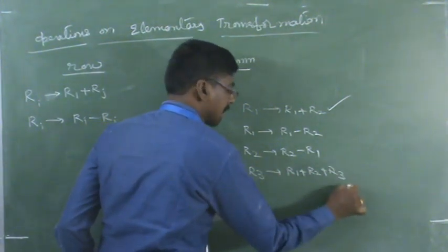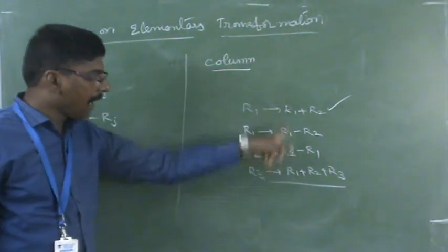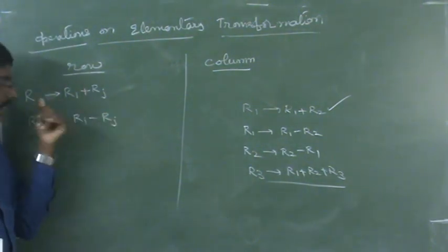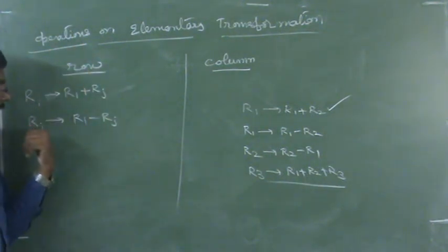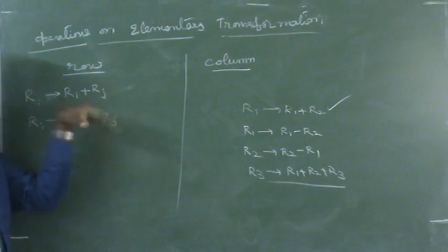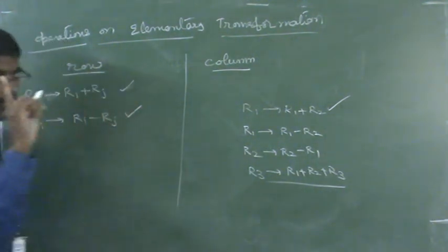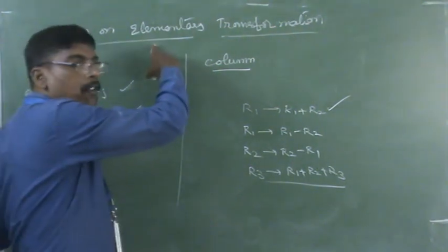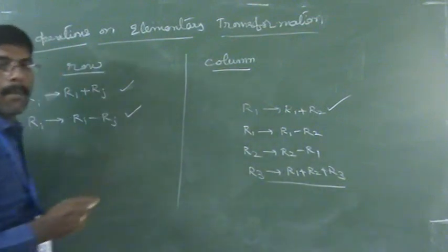Yes, all exist. Like these examples, I can write all these operations in the same general form, where i and j are variable indices: Ri tends to Ri plus Rj exists, and Ri tends to Ri minus Rj exists. Very important information. Listen carefully. If you remember all these operations, then getting the answers in elementary transformation will be very easy. Otherwise you will not get the answer properly.